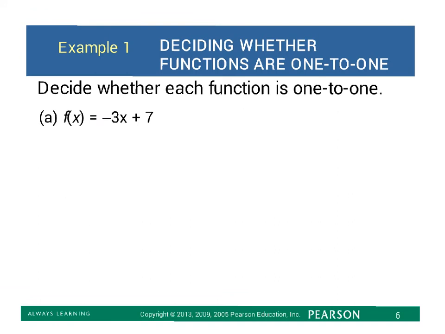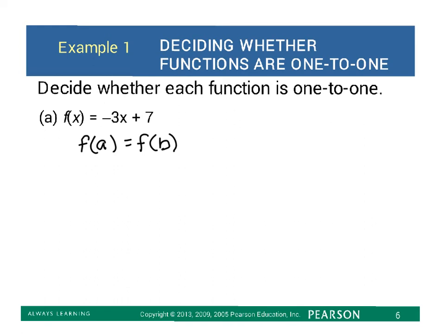In this example, we're going to state that f of a equals f of b, and if this implies that a equals b, then we have a one-to-one function.